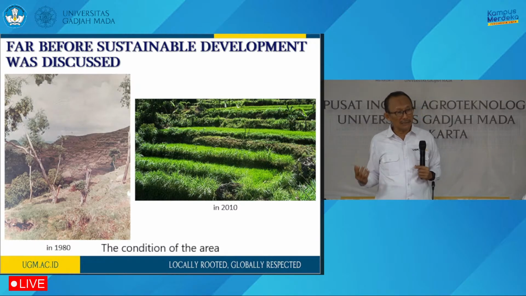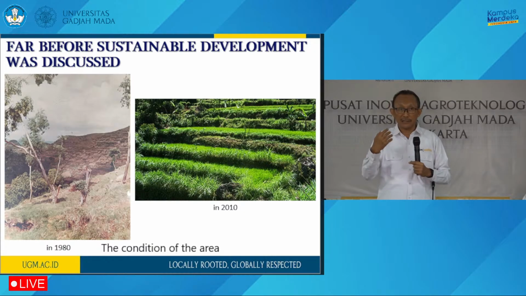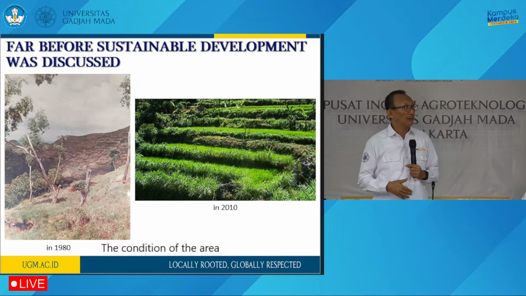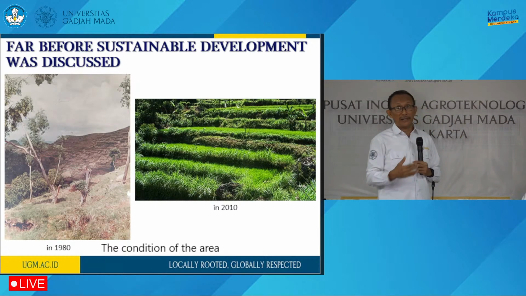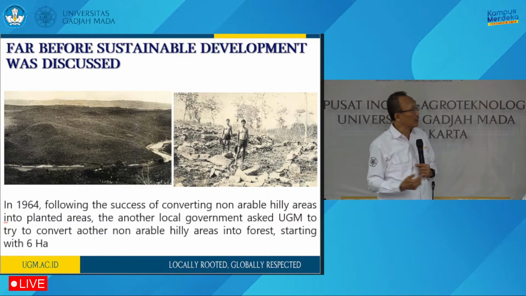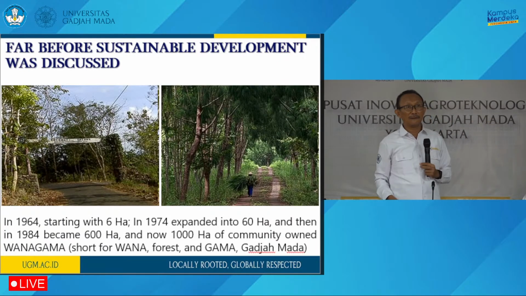This succeeded, then brought another local government to us at the university, saying please come, help us to convert this kind of land, more stone than soil. And we convert this into a place like this.